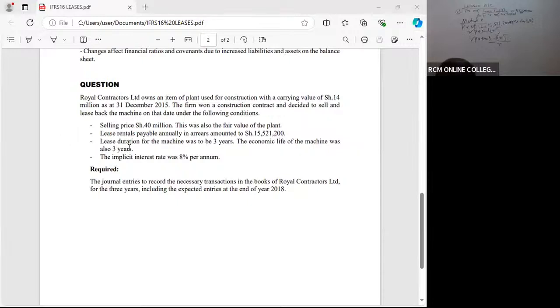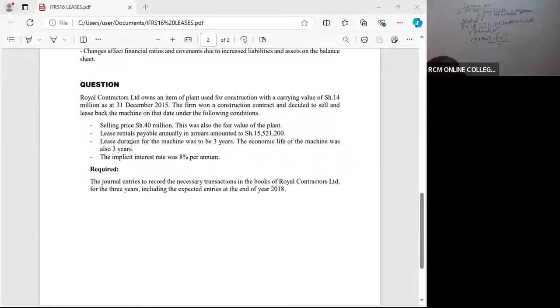Of course, to discount here, because we are the lessees, we are going to see this later on. You could be given a big lease duration, but the economic life of the machine is shorter. I've seen this kind of question asked in advanced financial reporting.